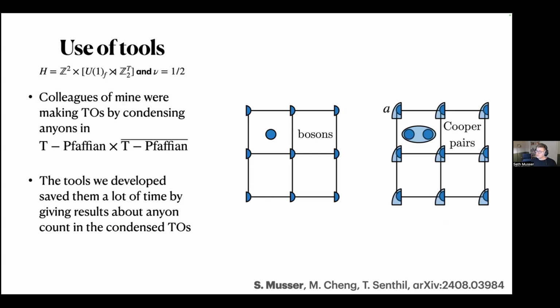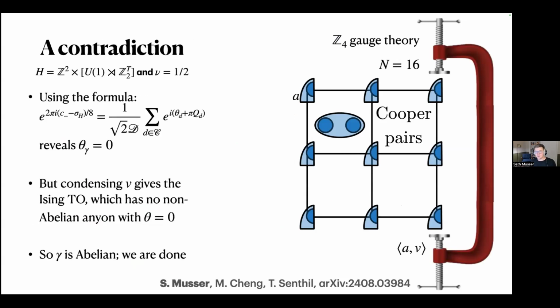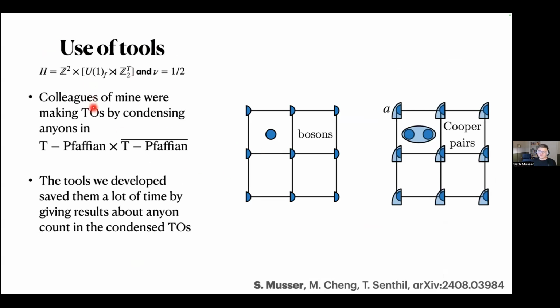Okay. So I already told you minimal order is useful if you're doing ED or numerics, because this lower bound can also often give you insights into what orders you're realizing. But it turns out that along the way, we also learn things that are useful. This result that I flashed on the screen about the size of the abelian subset in any topological order was useful to some colleagues of mine who were making topological orders by condensing anyons in T-Pfaffian times T-Pfaffian bar.